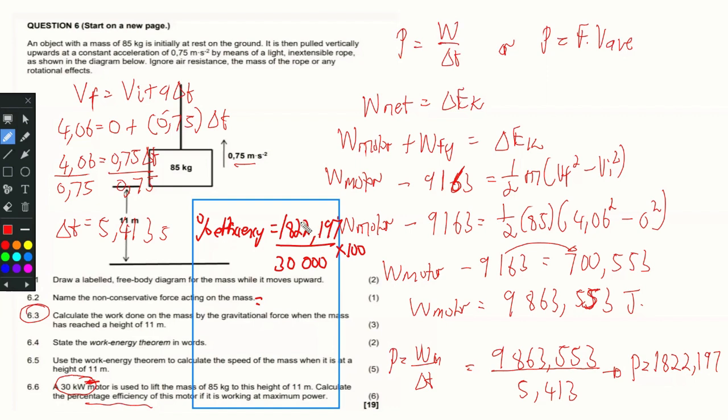So it's the power over the power that can generally be supplied, then multiplied by 100. So we have 1822.197 divided by 30,000 and then multiplied by 100. We find that the percentage efficiency will be 6.07%. There we go.